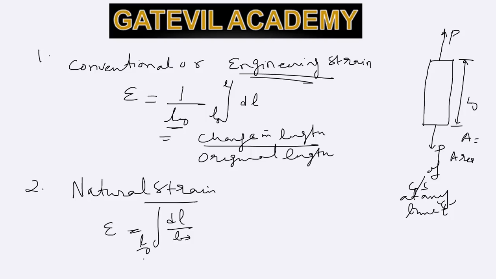So you'll integrate it from L naught, because this was the original length, to some length L. This will come out as log L by L naught. So this was your conventional or engineering stress and strain and true stress and strain.